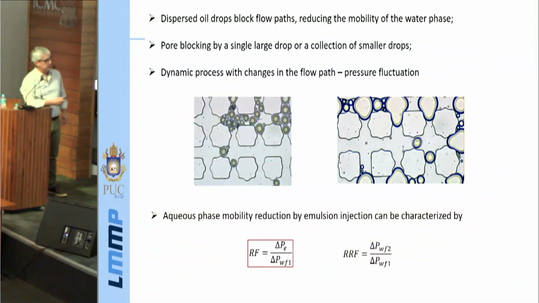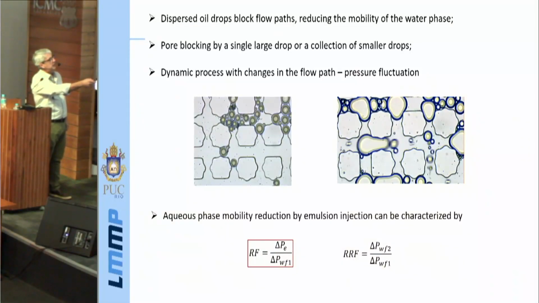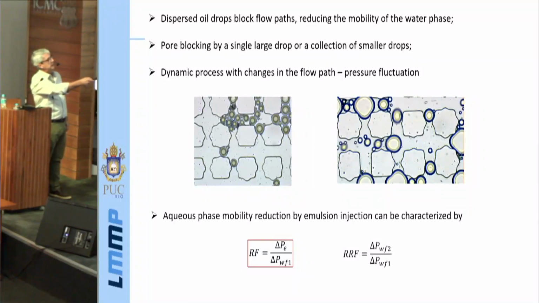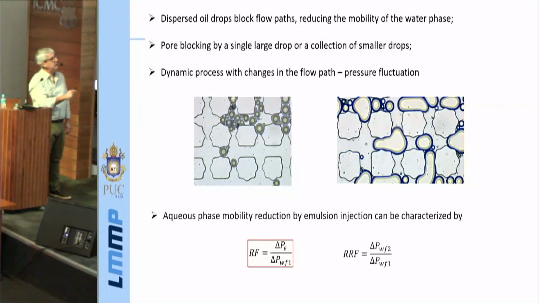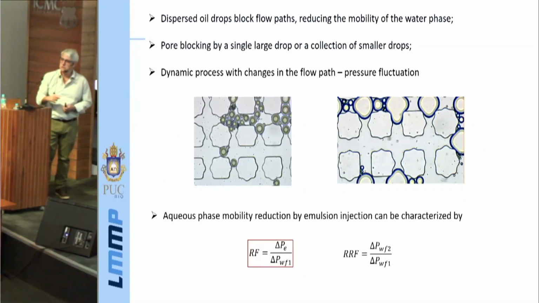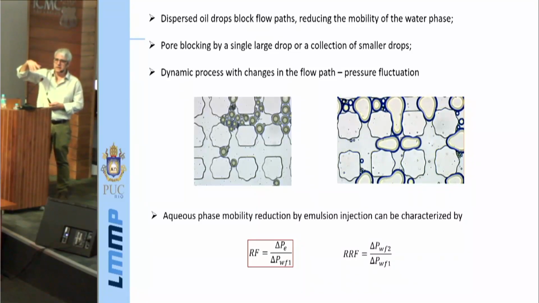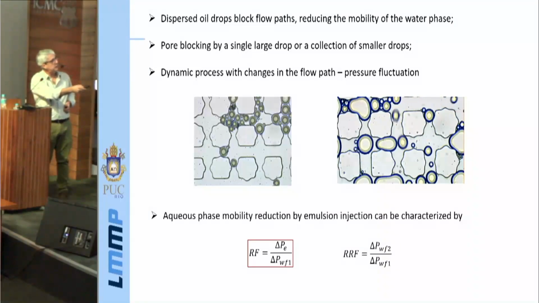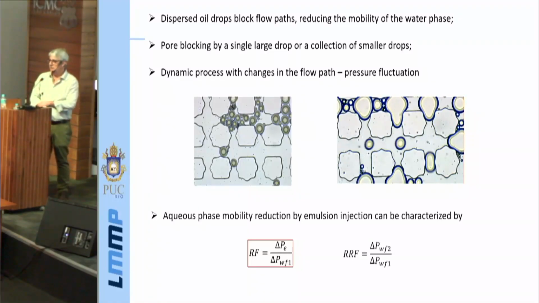Here's just a visualization of this process that I mentioned. You see there's a large drop that's blocking this pore. The pressure is going up, and then the pressure was strong enough that it was able to squeeze that drop through that pore throat. Okay, and that's why when you see the pressure difference, I didn't call your attention to that, but the pressure difference was oscillating. The oscillatory nature of the pressure difference is associated with this blocking and unblocking dynamics that you get inside the porous medium.